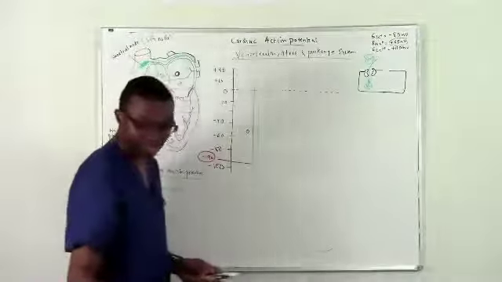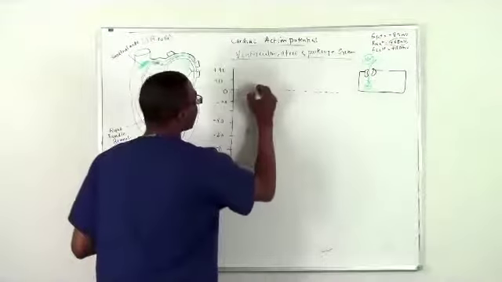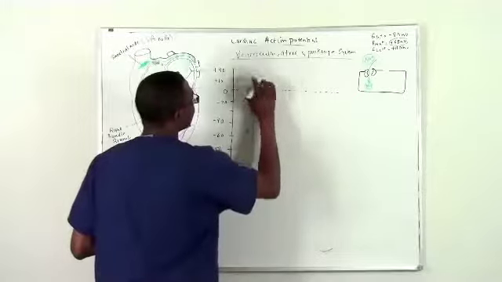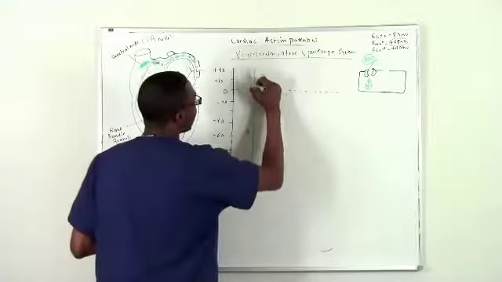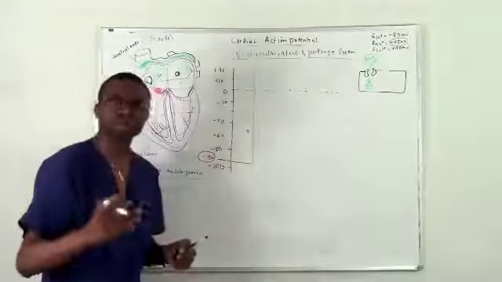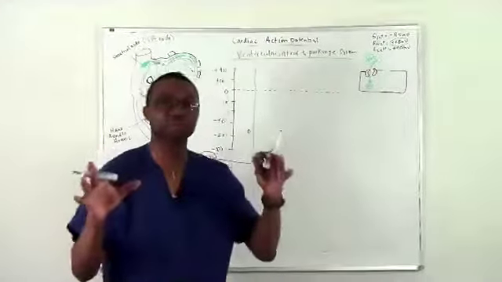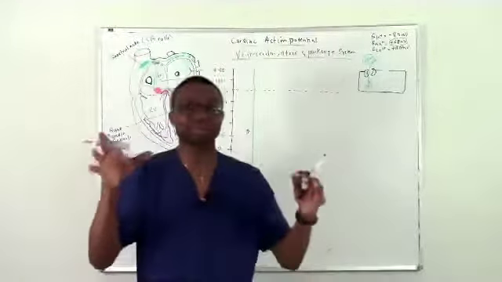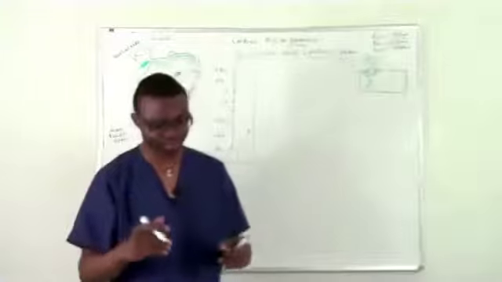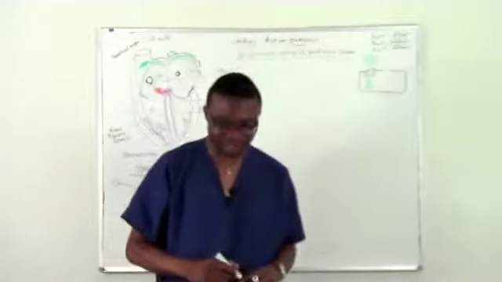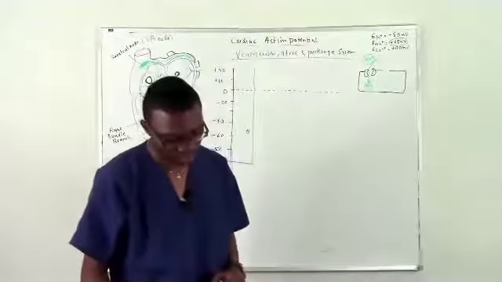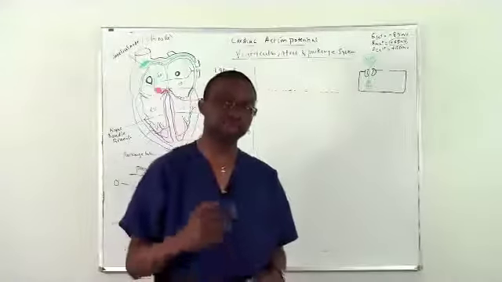So it's going to go almost close to it. See, we are reaching almost 40. And then it peaks. It's almost close. That's all it needs, because what it wants to do is balance the membrane potential of sodium. That is phase 0. Well, then phase 1 is going to begin.